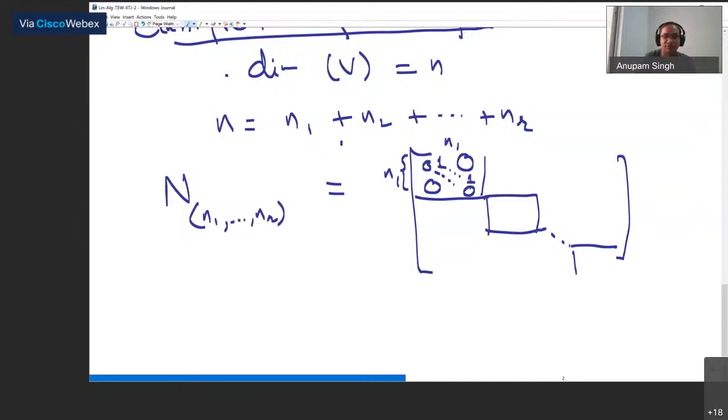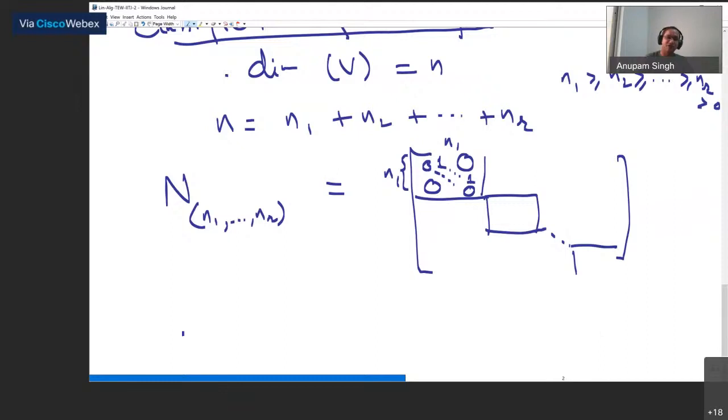They can repeat also. So there could be two blocks of the same size. So usually when we write a partition, we will write it like n1 is greater than or equal to n2 is greater than or equal to and so on, greater than or equal to nr, which is greater than 0. Right? So this is how we write a partition.